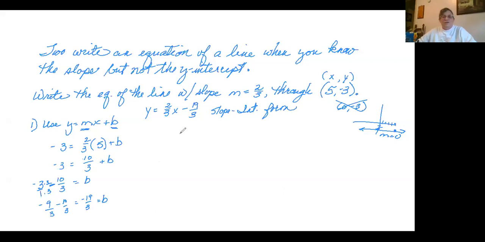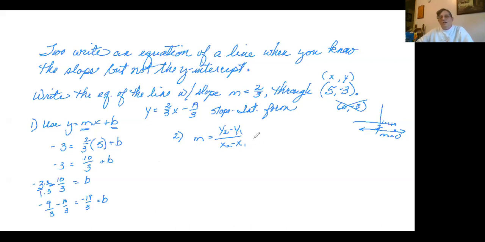The second method is to use what is essentially the slope formula. Now recall that your slope formula is y2 minus y1 over x2 minus x1.